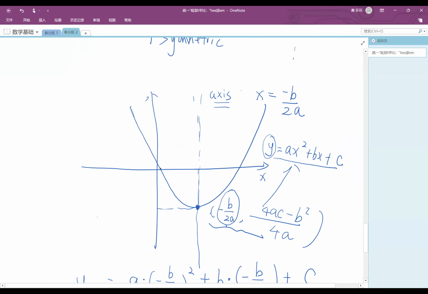Let's say this is the intersect, right? So there are 2 points, the parabola and the x-axis intersections, right? How to compute the coordinate of these 2 points?